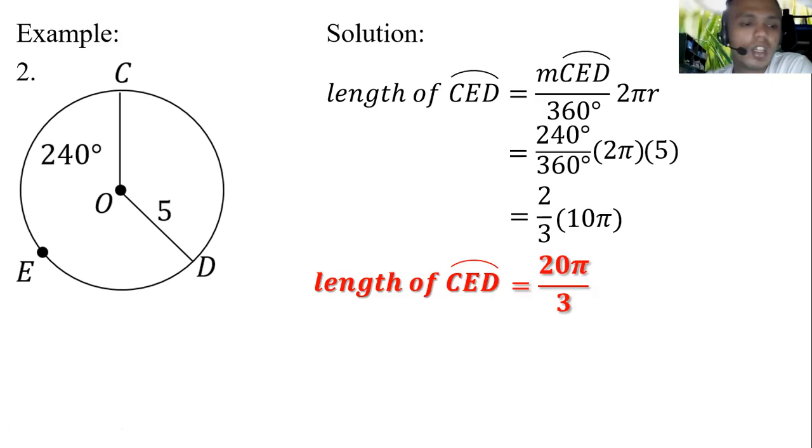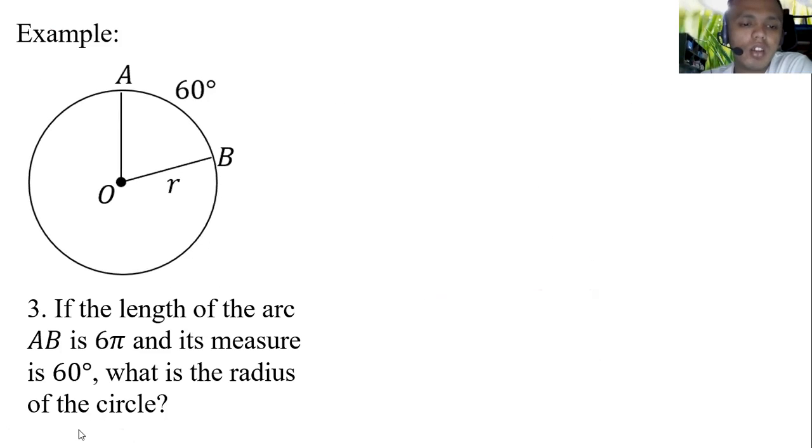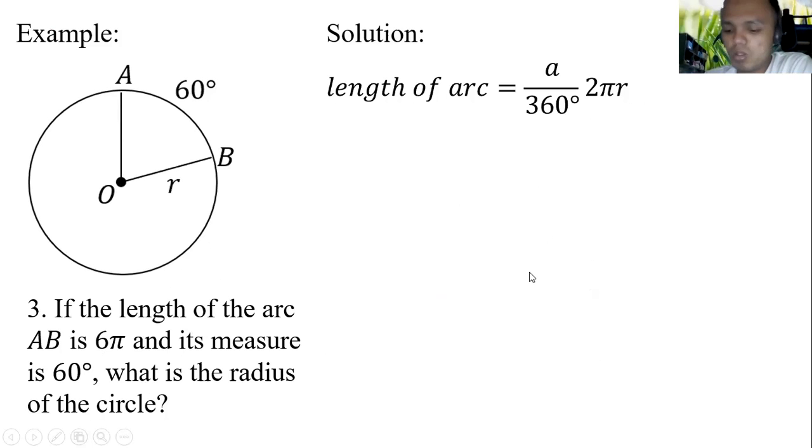Okay? Next, number 3. If the length of the arc AB is 6 pi and its measure is 60 degrees, what is the radius of the circle? By this time naman, given na yung length of arc, at saka yung degree ng arc, what we are going to find here is the radius of the circle.